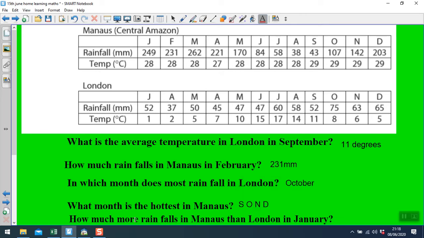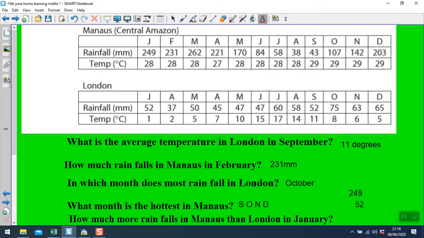And the last question, how much more rain falls in Manaus than London in January? So January, the rainfall in Manaus was 249, and in London the rainfall was 52.